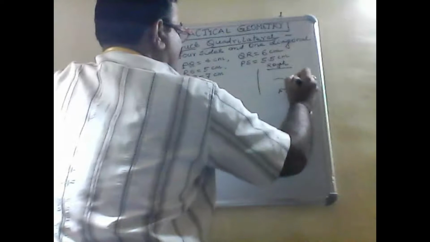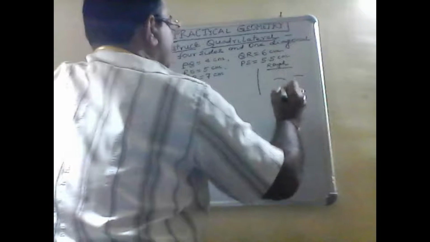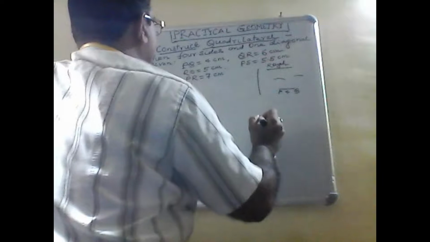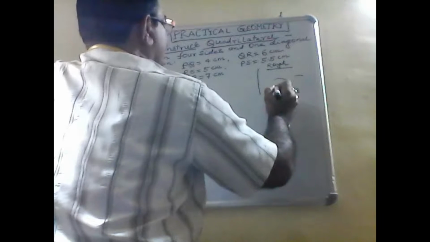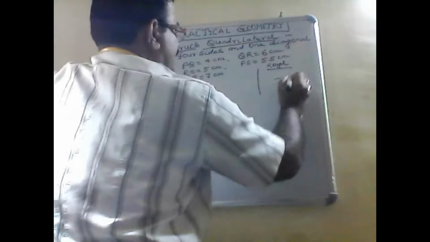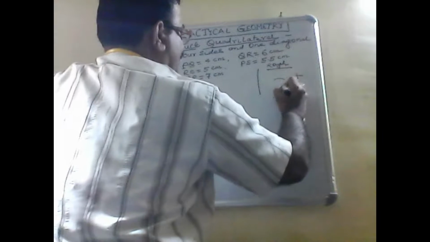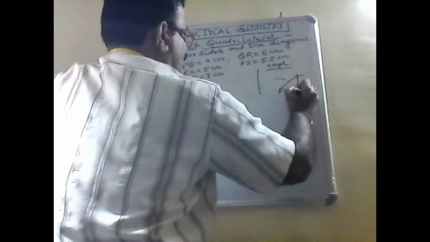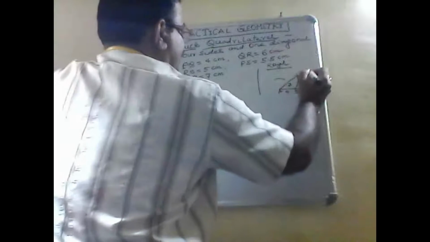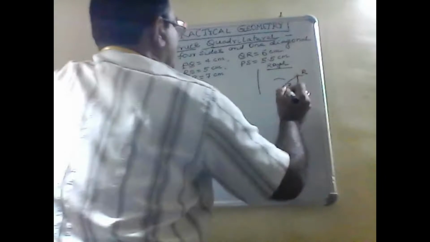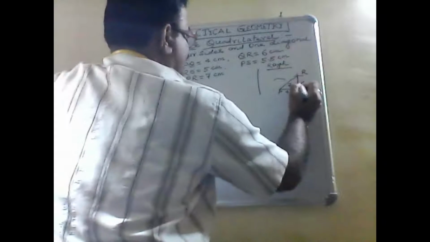You cut RQ from here, that is 6 cm, and PR has been given as 7 cm. So 7 cm will be cut from here. You join this one. This is 7 cm and this RQ has been given as 6 cm.